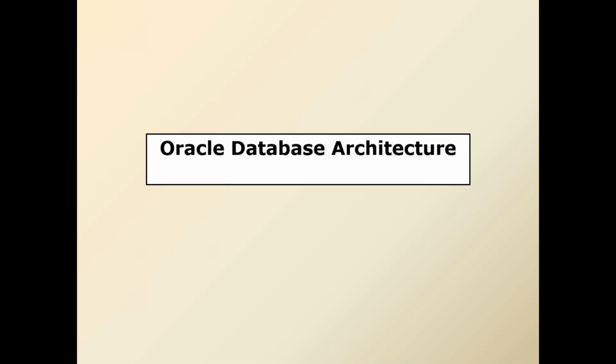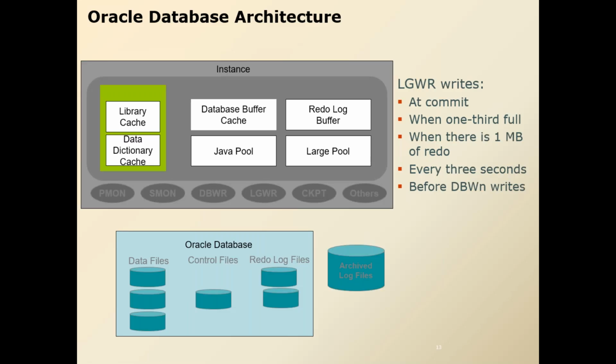So let us discuss Oracle database architecture. Oracle database architecture is divided into two parts, instance and Oracle database. The instance is divided again into two parts, SGA and background processes.